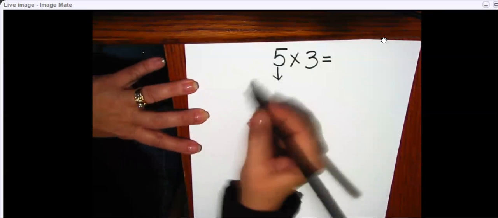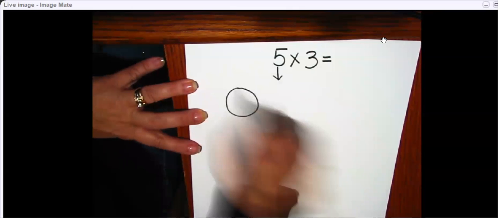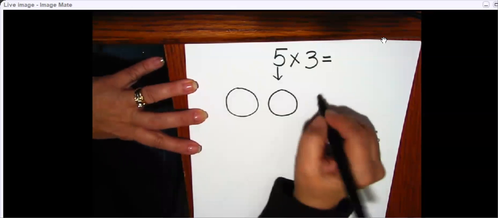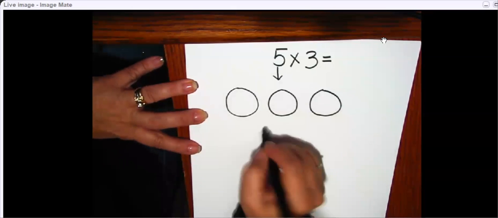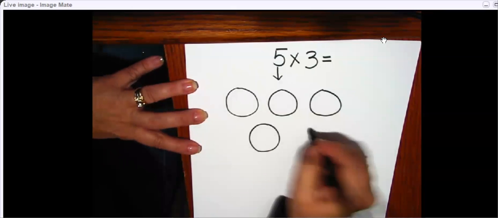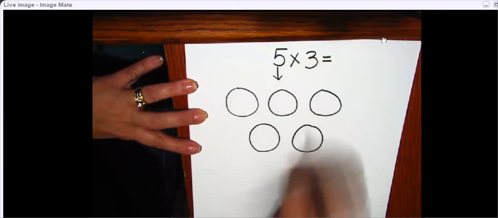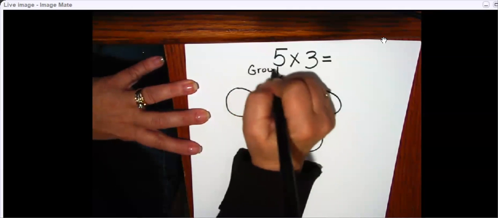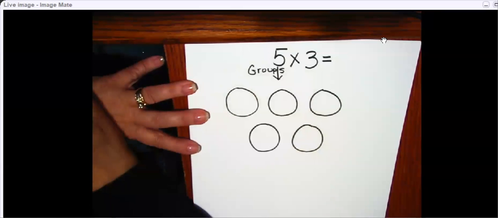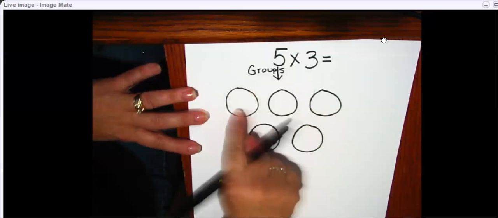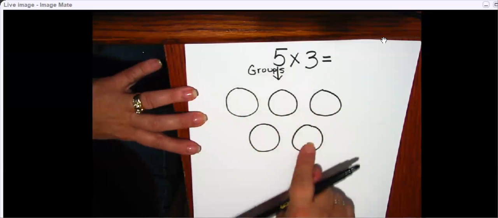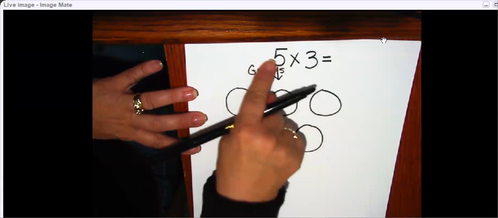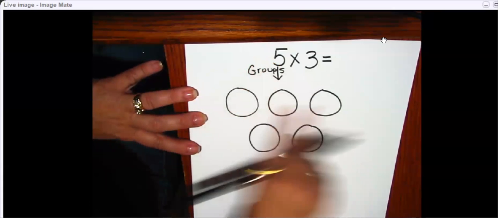So I'm going to draw 5 groups. 1, 2, 3, 4, and 5. So that's my groups. And when I talk about groups, I talk about just making some circles on there. But I have to make the first number. So this says 5, so I had to make 5 circles.